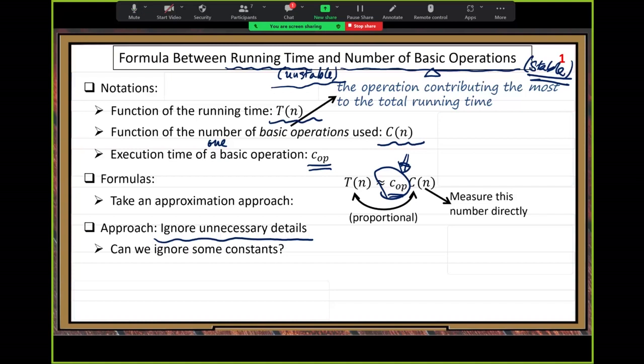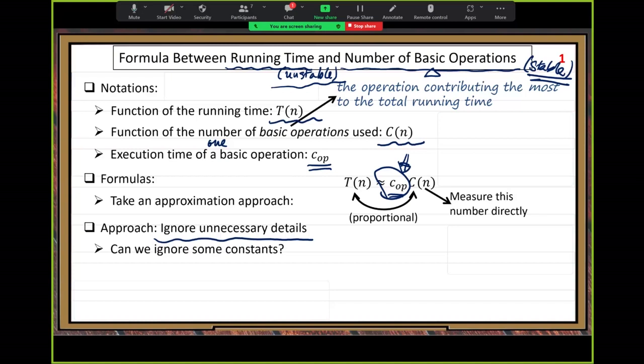Which formulas? Efficiency representation formulas. Our goal is to study the efficiency of algorithms, and after our analysis, we can get efficiency functions.